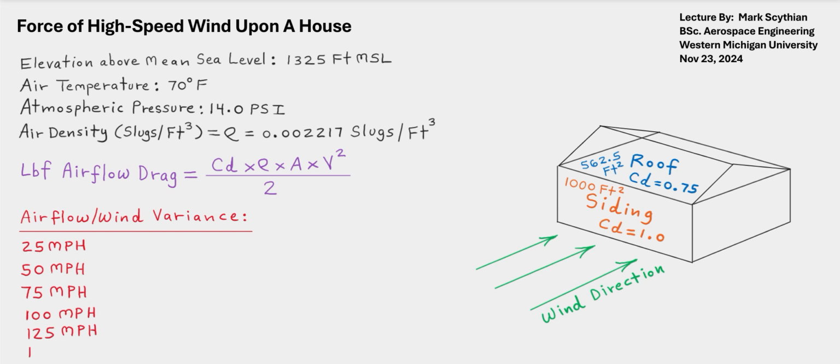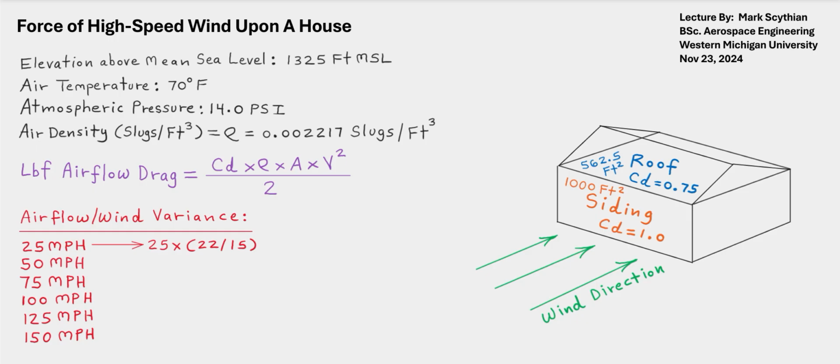So we're going to test 6 different wind speeds, 25 miles per hour, which is the minimum to obtain a boundary layer. So then the force of the wind becomes the square of the velocity. So we start at 25 miles per hour and then we'll go up to 150 miles per hour.